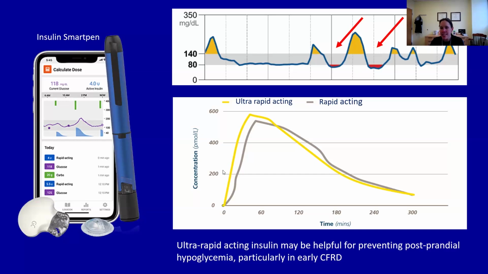So it takes a lot of timing and diligence, and I only do it when someone has CGM, but I do think that there may be a potential role there. But again, completely unstudied in the CF population. This is all anecdotal data, I'm telling you.